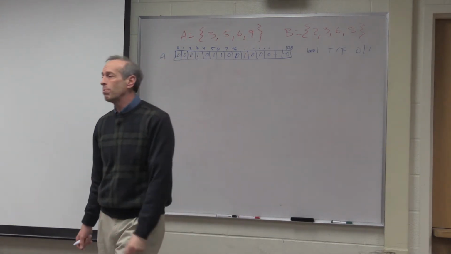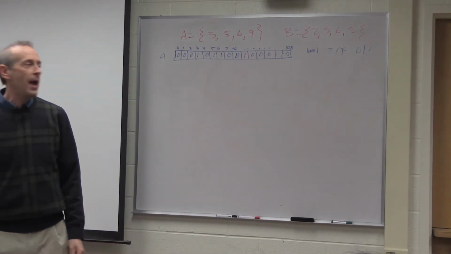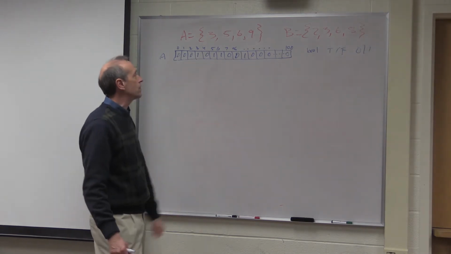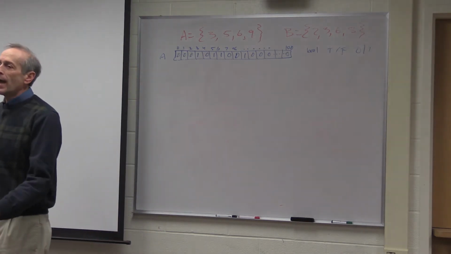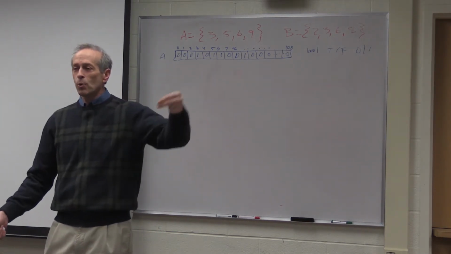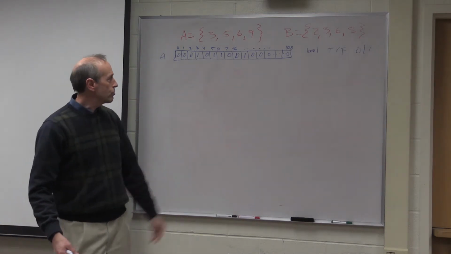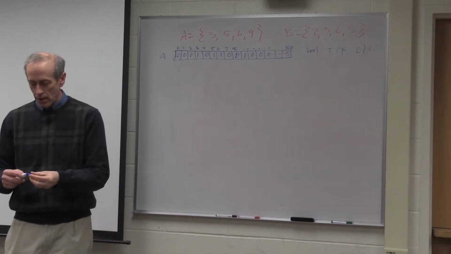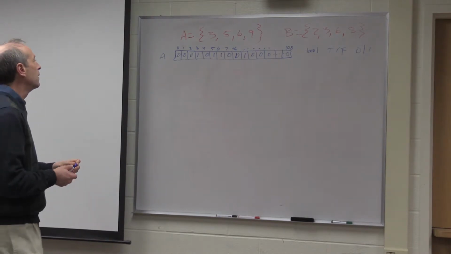So when you go to print out, walk the array and check to see if the element is there. By the way, checking to see if an element equals true is unnecessary; you can just say if the element.